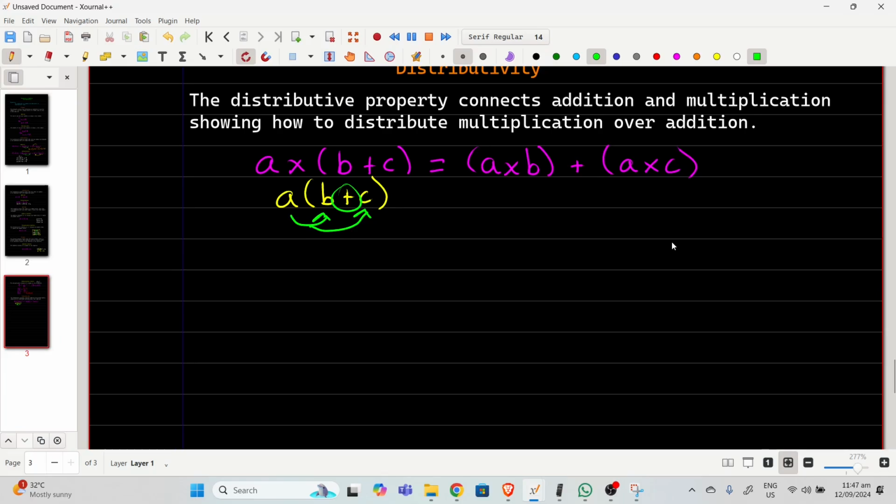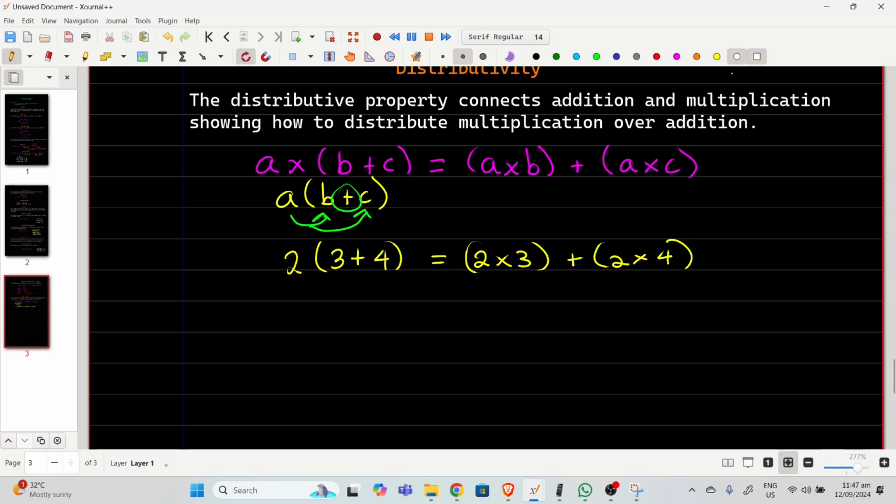Let's do a quick example of that. Let's say 2 into 3 plus 4. What we're saying is that this is equivalent to saying 2 times 3 plus 2 times 4.